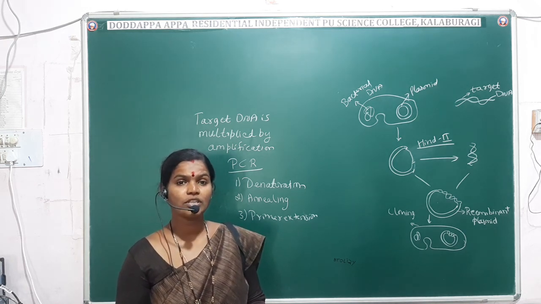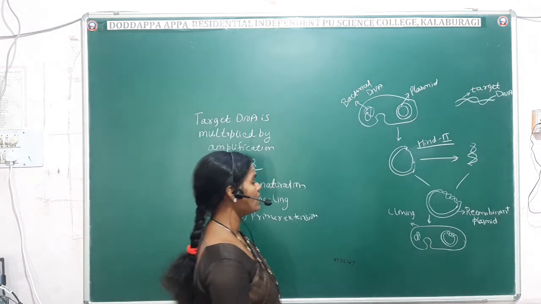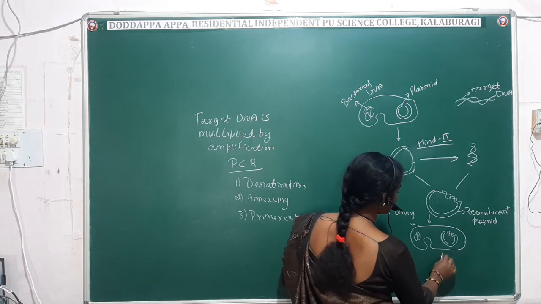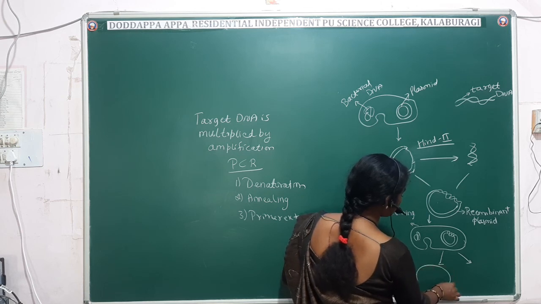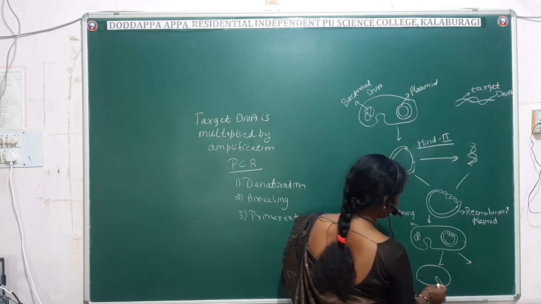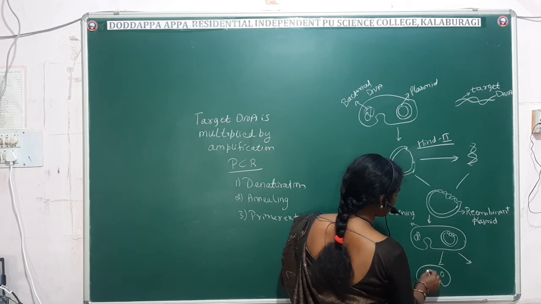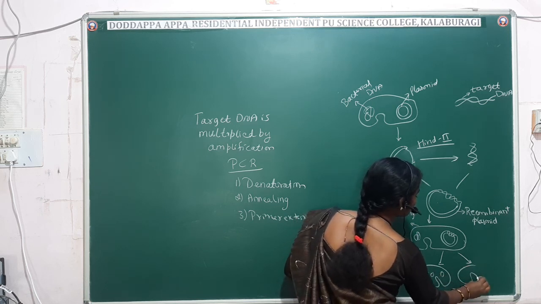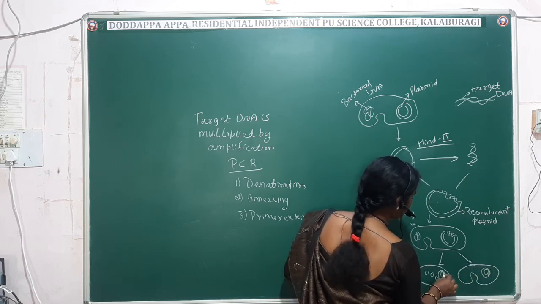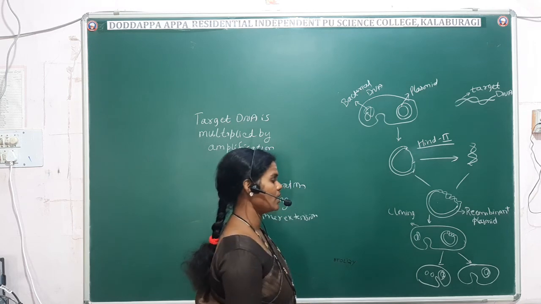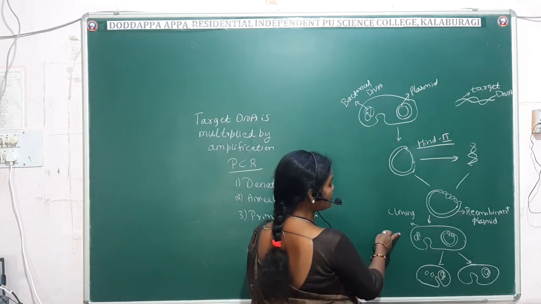So these clone cells, daughter cells, are produced with the recombinant plasmid or the recombinant DNA. This is the fourth step.